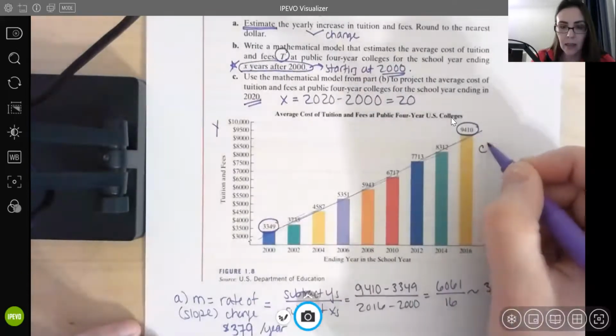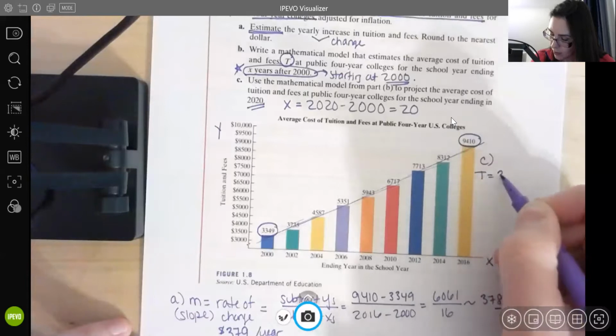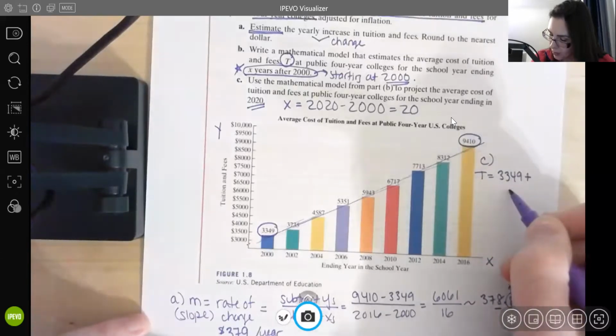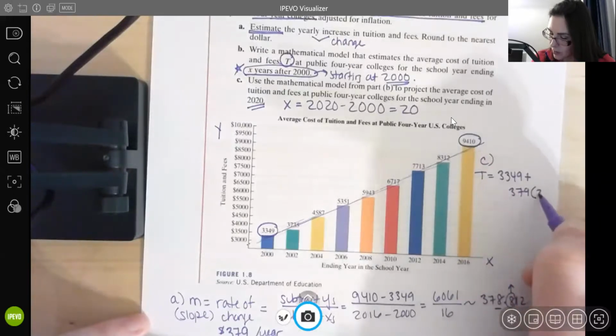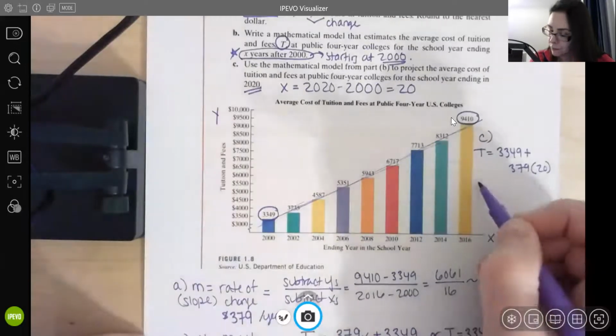So for part C, we're going to take that formula, T equals 3,349, and we're going to add it to that 379 times 20. So our x value is getting replaced with 20 here.